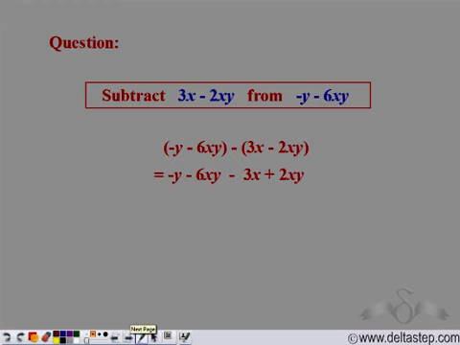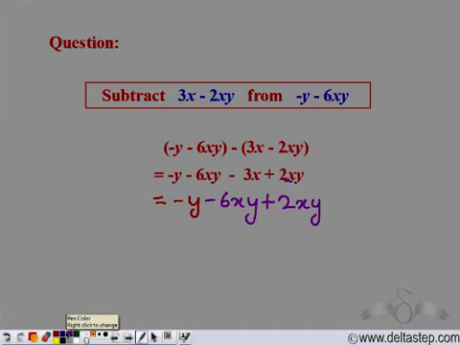Then we get, now is there any term containing only y here? Just one term, which is minus y. Next, we have minus 6xy. So is there any other term containing xy? Yes, there is a term containing only xy. That is plus 2xy. And we have another term, minus 3x.